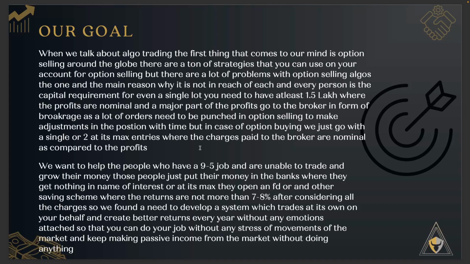But in our algo, there are just a single or at most two entries in a day, which significantly reduces the brokerage and all the other charges, like government charges and STT, because all the charges are based on turnover. In option selling you make bigger turnovers, so you pay more STT to the government. But in option buying, you pay significantly lower charges.